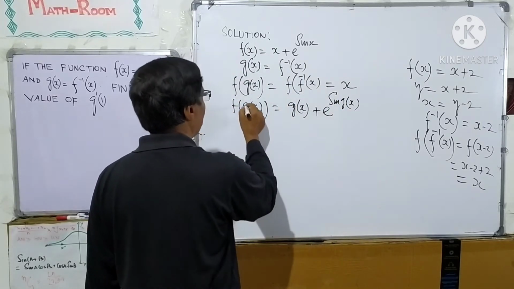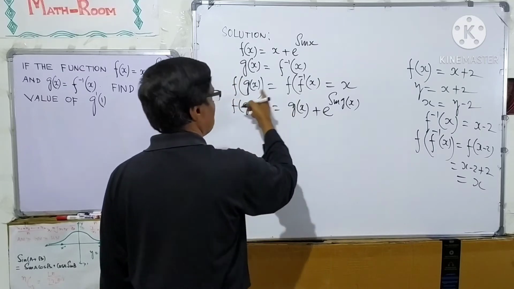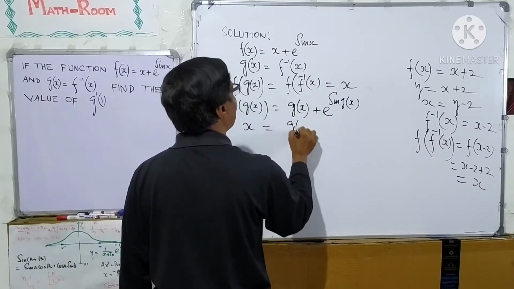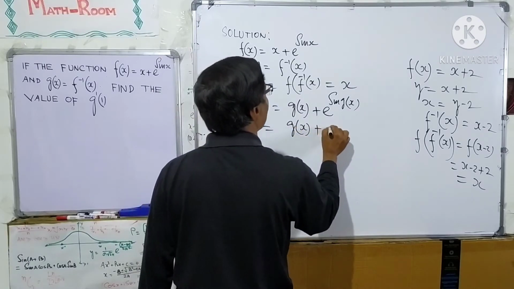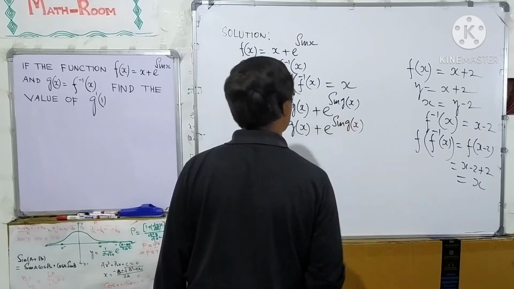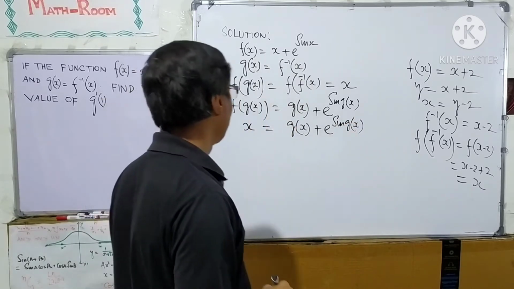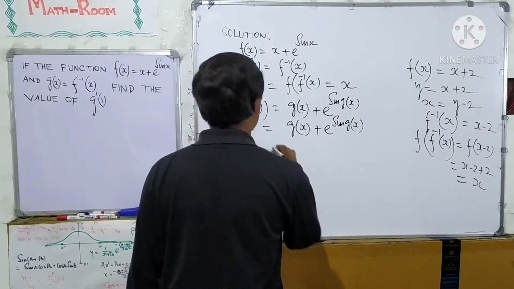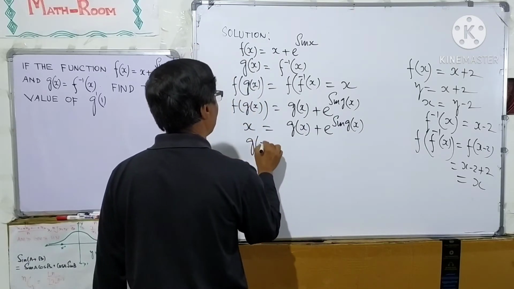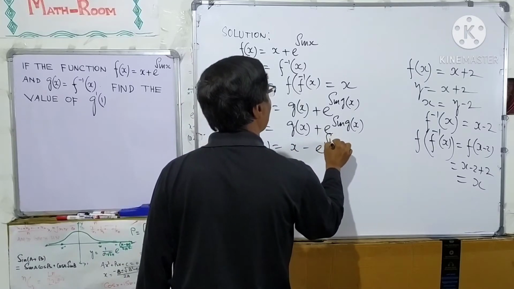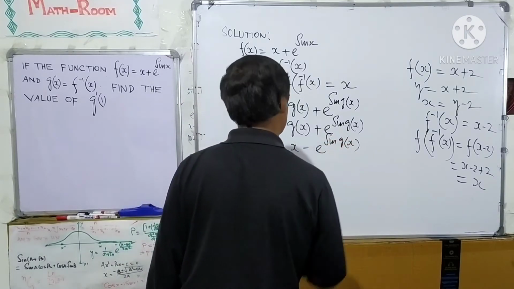Now f of g(x) is x, so x equals g(x) plus e to the power sin g(x). So g(x) equals x minus e to the power sin g(x).